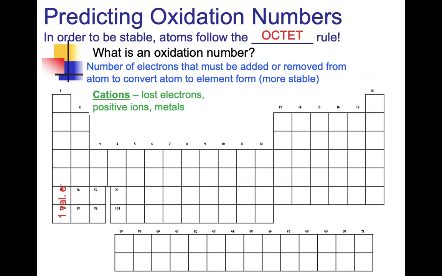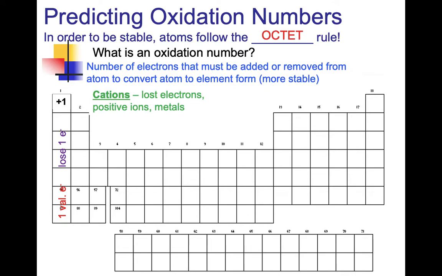Well, its options are to either lose 1 or gain 7 to obtain that octet. The easiest thing for it to do is to lose 1. If it loses 1, it's going to become more positive, and we'll have a +1 charge. Normally, we don't write that 1, we just write the plus, but for purposes now, I just want you to understand that that is a +1 charge.